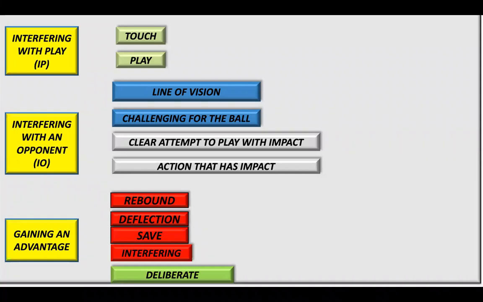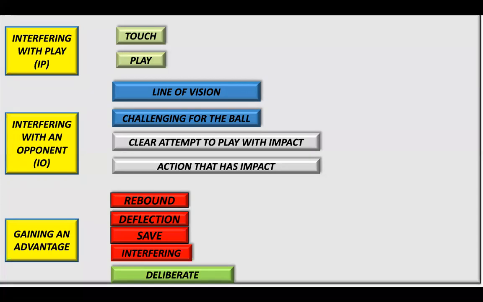Another thing to help with that one a little bit is to understand that anytime a player receives the ball that has been touched or played by one of their teammates when they're in the offside position, they can be offside. We don't want to confuse the idea of a deliberate play by an attacker versus a deliberate play by a defender.